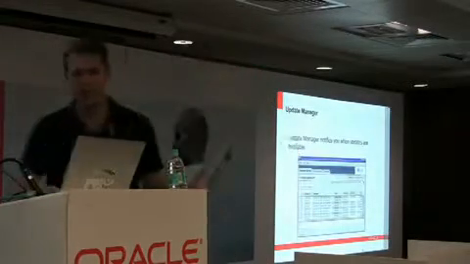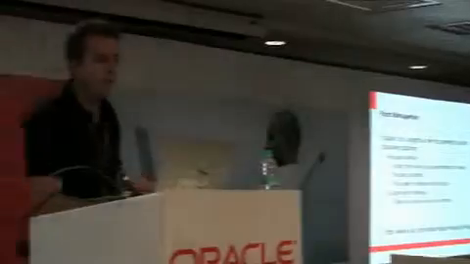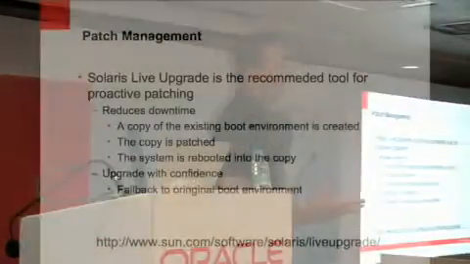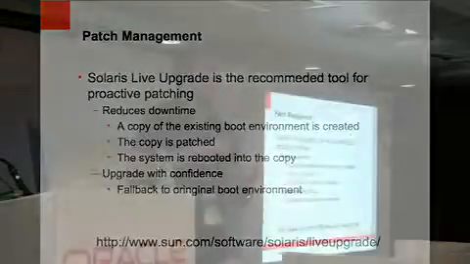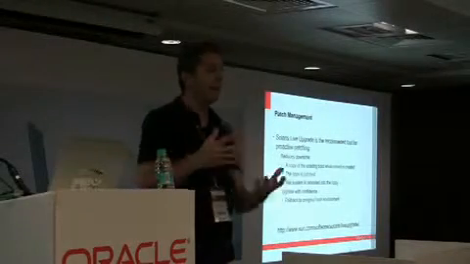Alternatively, Solaris 10 has a feature known as Live Upgrade. As the name implies, it allows you to patch a live system with minimal downtime. It does this by making an entire copy of what we call the boot environment, basically the core operating system. That takes a while.